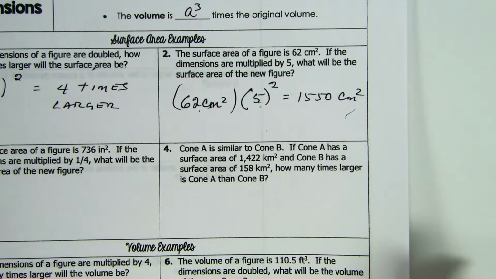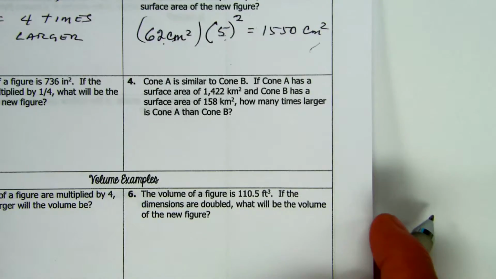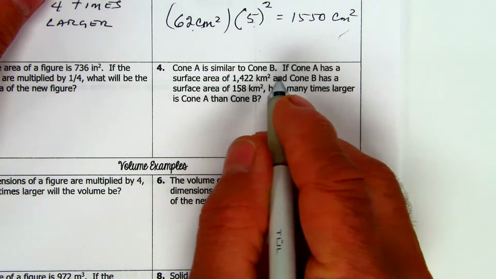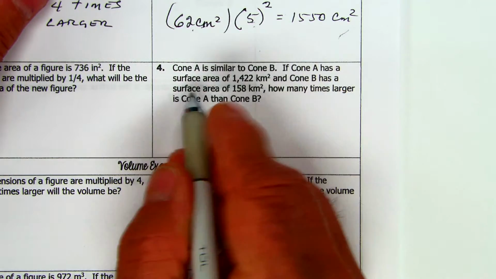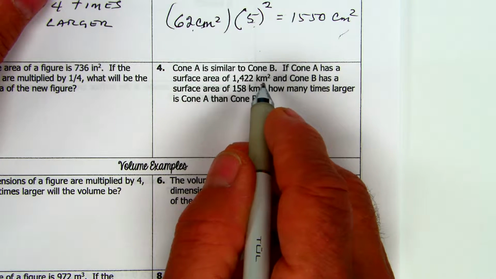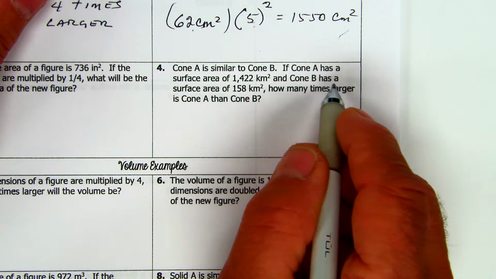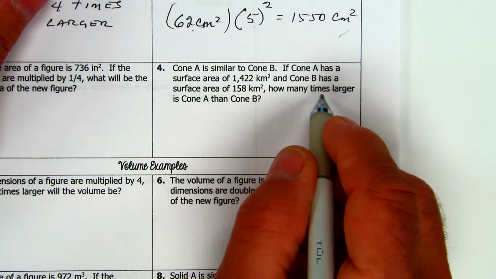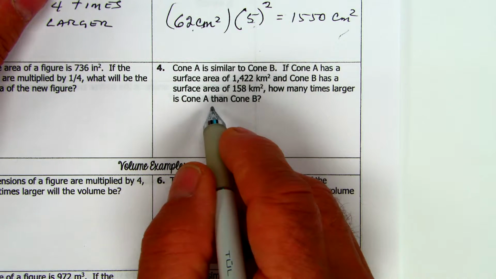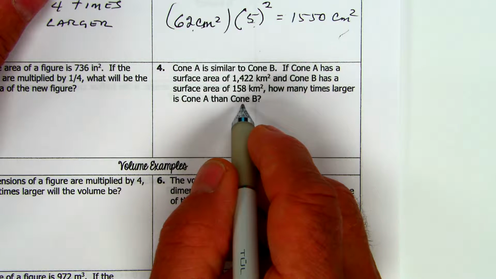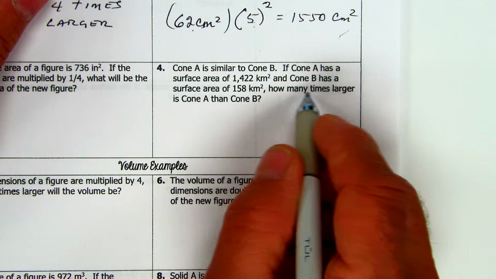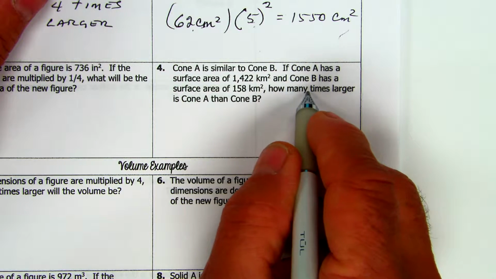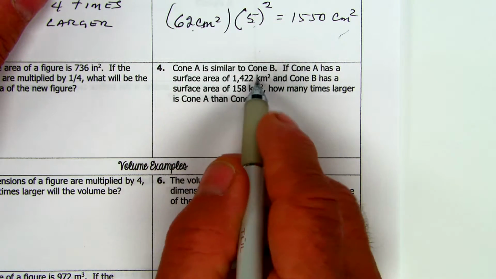Okay, let's look at number 4. So number 4 says cone A is similar to cone B. If cone A has a surface area of 1,422 kilometers squared and cone B has a surface area of 158 kilometers squared, how many times larger is cone A than cone B? So now larger is dimensions, length, width, height, and so forth. But up here we're talking about the surface area.